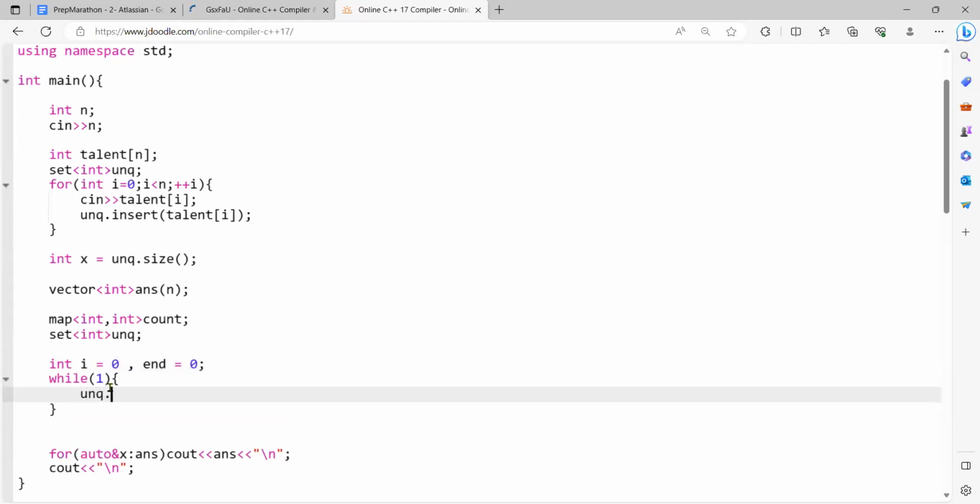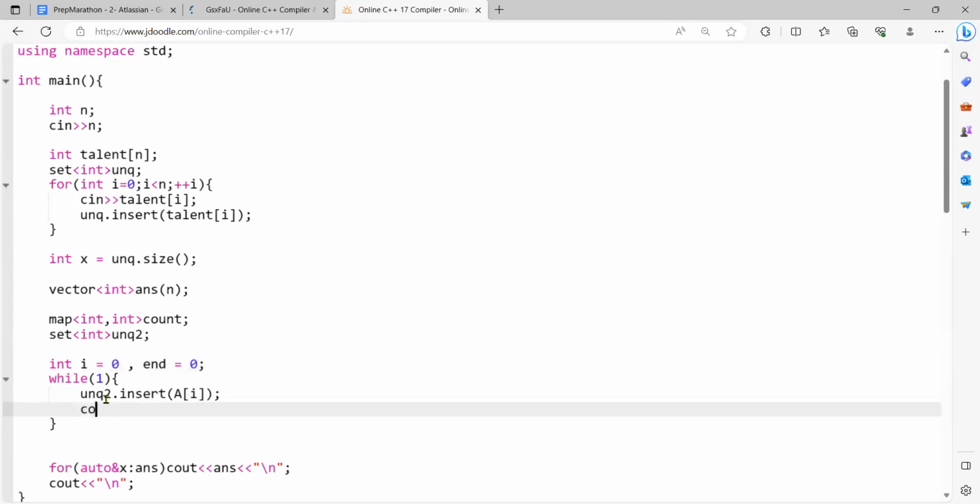So this is unq2 because I already used unq here. unq2.insert this current talent, which is a[i], and count of a[i]++. This map will store which talent has occurred how many times in our range. So for the first index we are finding this end.